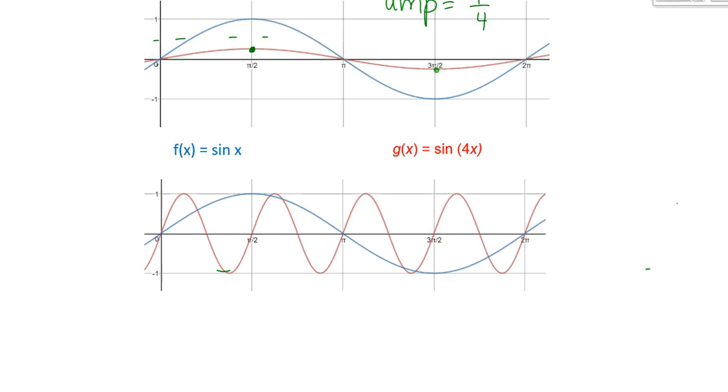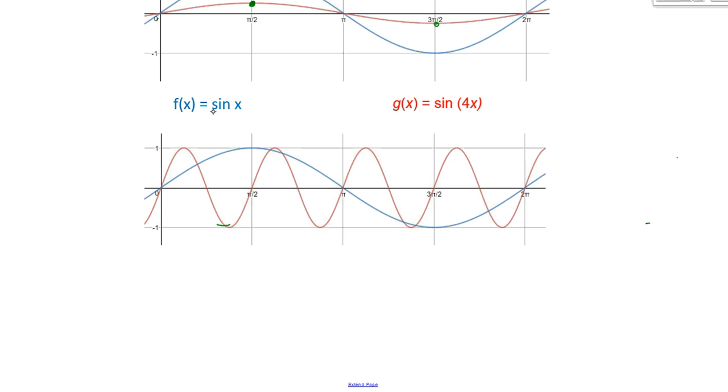But now if you look down here, the blue one has an amplitude of 1. The red one also has an amplitude of 1. But if you look at the equations here, the difference now is that there's a number on the inside. It's next to the x, not outside in front of the trig function.